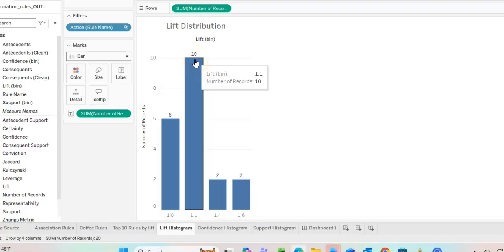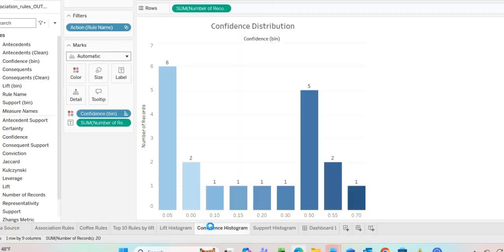Clicking on each of these bars, you can see that the lift bin here is 1.1, here is 1.4, here is 1.6.